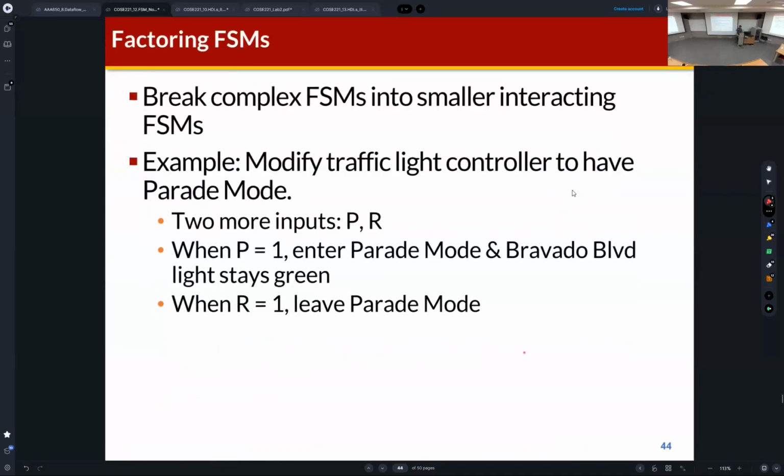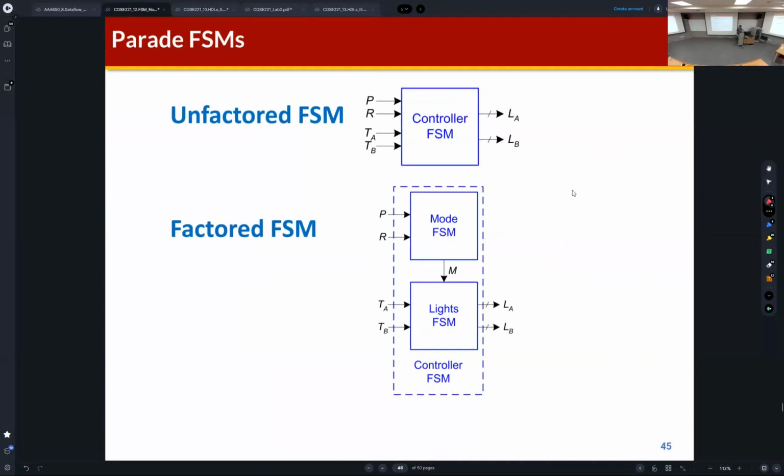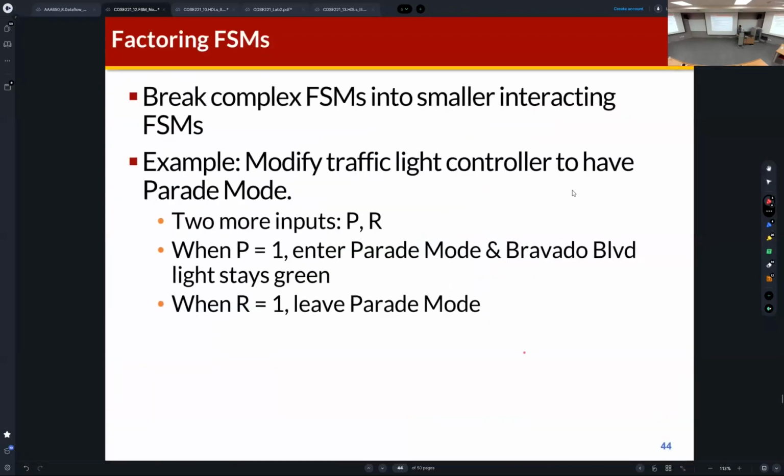What is the vectored FSM? We can divide a complex FSM into multiple simpler FSMs. That is the vectored FSM idea. This is just an example. This is the modified problem description.